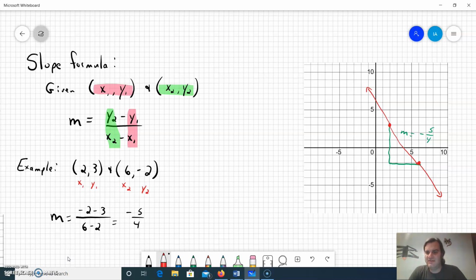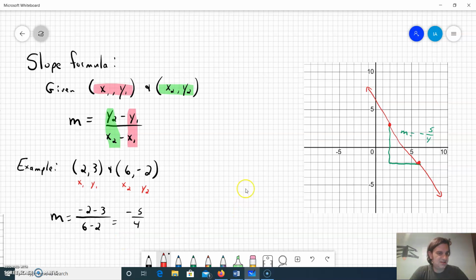But once again, if we're working with decimal points or roots or fractions, we may not know truly the y-intercept. So we may not be able to get the equation of the line very easily just from looking at the graph or playing around with the points. So let's introduce a new formula that if we don't start with slope-intercept, we can get to slope-intercept.